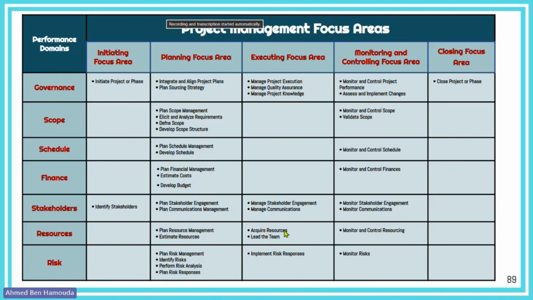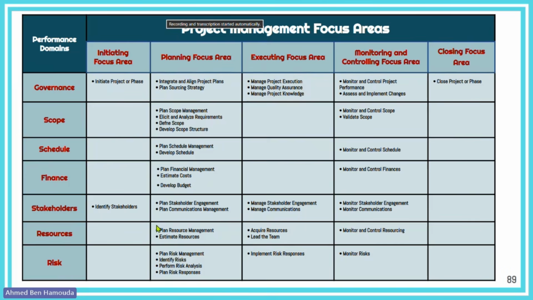But for people, yes, I know that you don't want to have people during the planning phase sitting on the bench doing nothing, not executing work while getting paid, getting their salaries. I know, because that consumes the project budget. However, acquiring the team happening in executing should be written between brackets here. It depends. For example, in an agile project, an adaptive project, resources are already available early in the project.